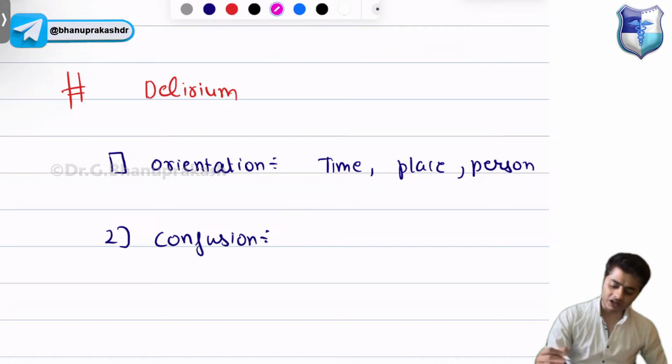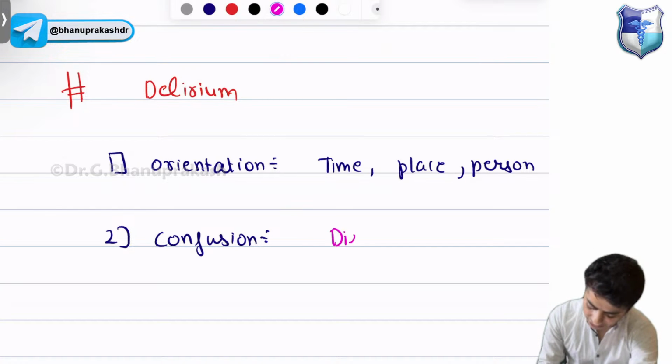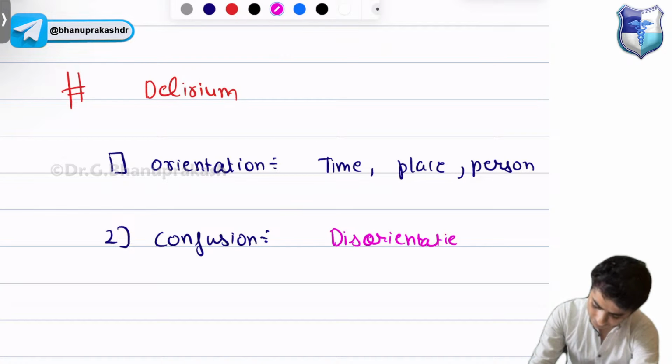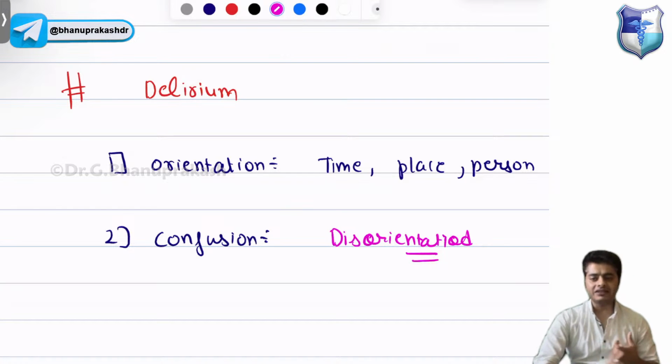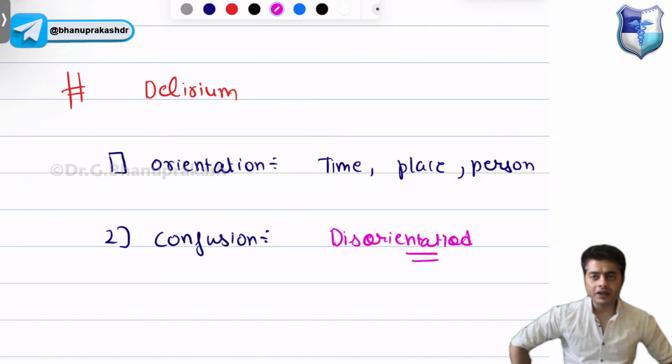We call that person confused when the person is disoriented. So what is orientation? When you know time, place, and person. Right now, where am I?